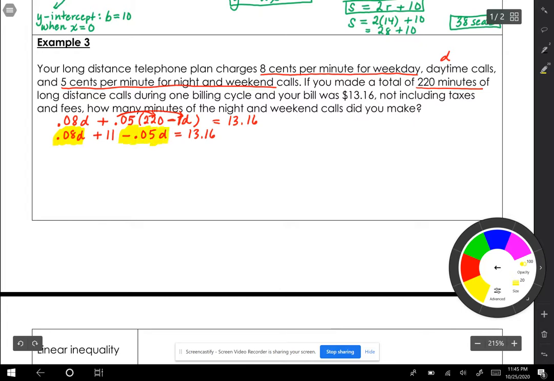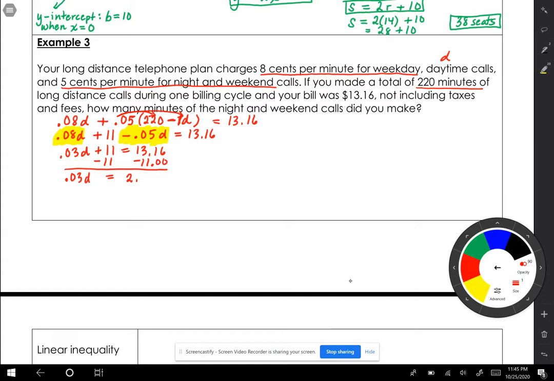Notice the sign in front. So that is 0.03D plus 11 equals 13.16. Subtract 11 on both sides. Put zeros there if you need to. You have 0.03D equals 2.16.